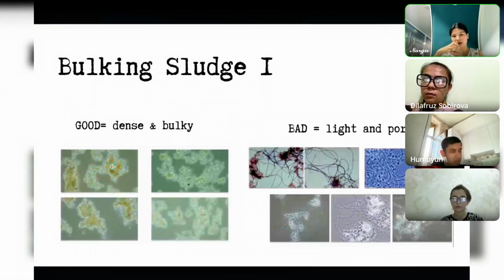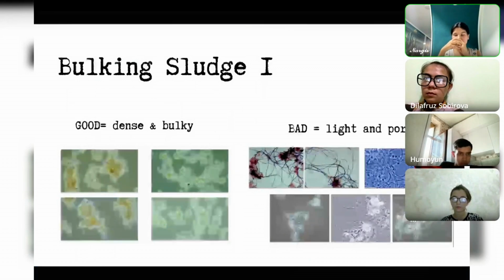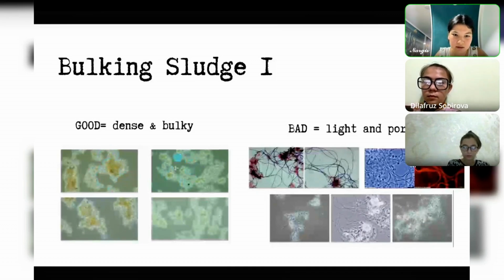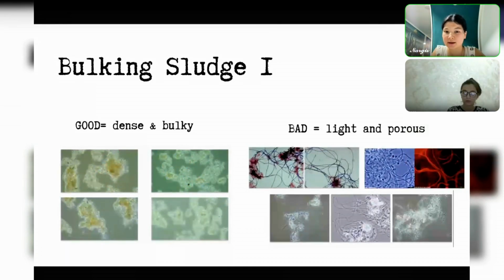So they are grouped together, they're bulky, they're dense, and they are in flocs, so they can settle easily. So here you can see that they can settle easily. This one is in groups, in bulks. However, at times, if the influent to the wastewater treatment plant changes somehow, what happens is that wrong bacteria starts to grow.